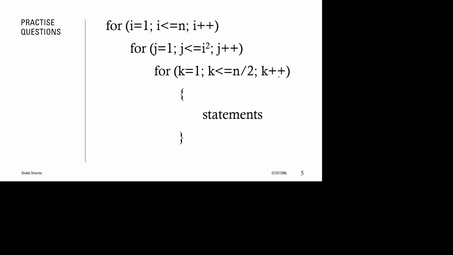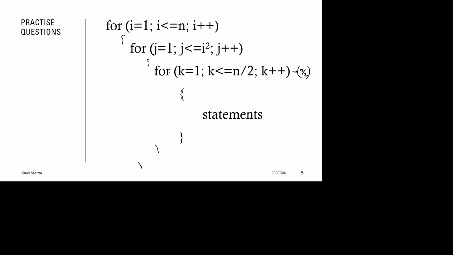So effectively, this loop executes n by 2 number of times. The idea is always, in a nested loop, when you want to calculate how many times a particular statement is executing, you start from the lowermost loop, which is in the last brackets.